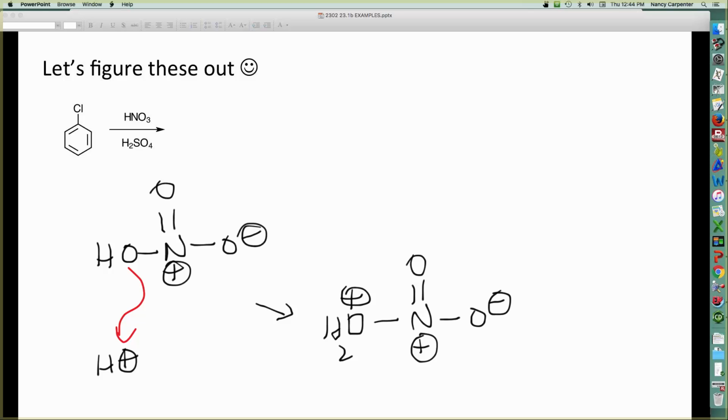Well, it's going to protonate here, there, and everywhere. Ultimately, we know from experimental data that this is our active electrophile, and that's certainly the most straightforward mechanism for its formation. All right, so I have the NO2 electrophile.